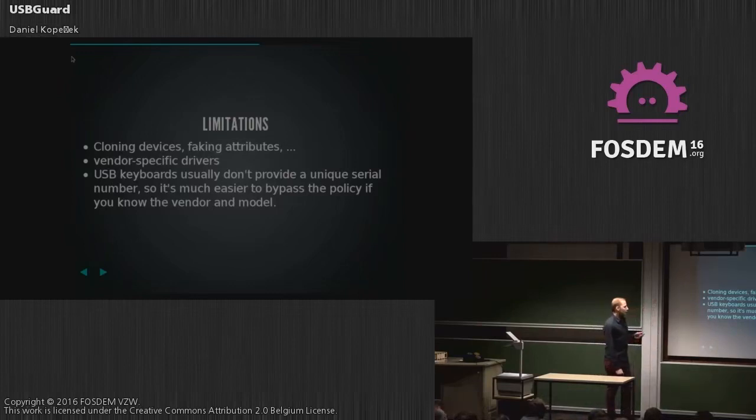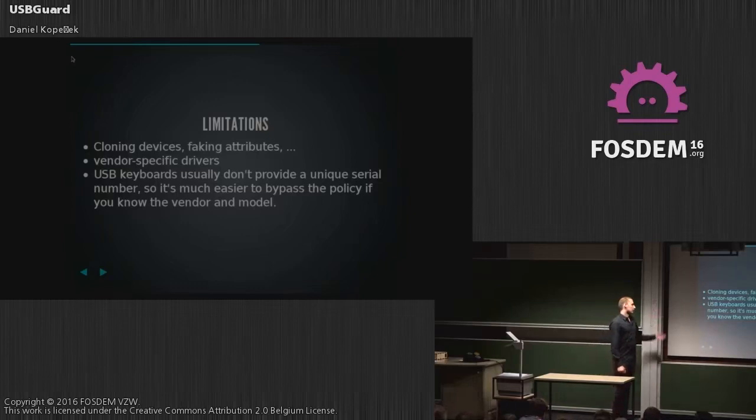Another problem is vendor specific devices. The interface types have a standard hierarchy, and some vendors do not follow this hierarchy. They use a special value that says, okay, this is a vendor specific type, or a vendor specific driver, and you don't know what's in it.